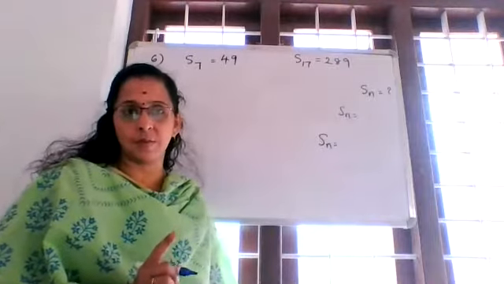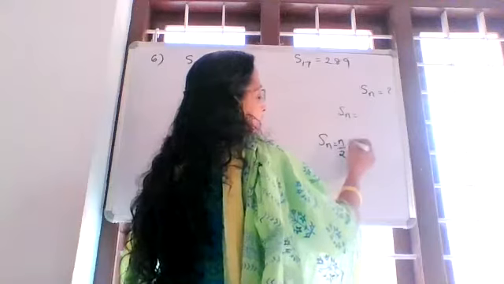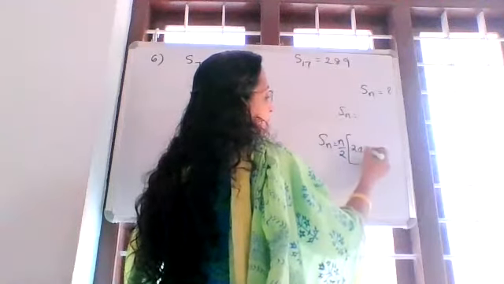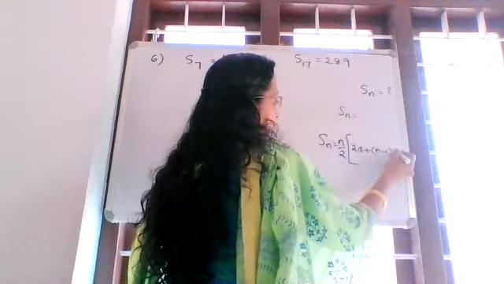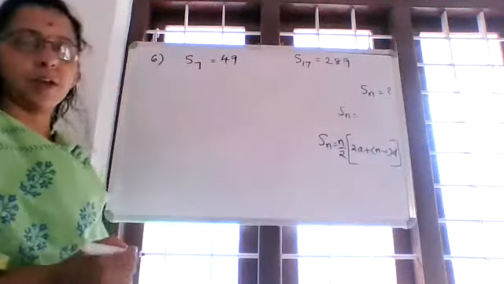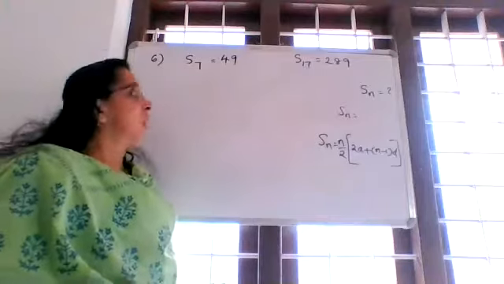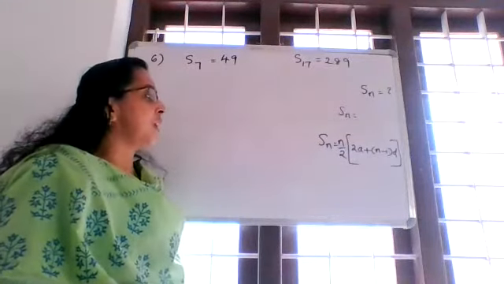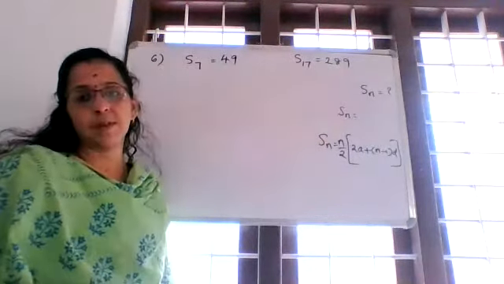We don't have the last term, so we can only apply the second formula: n by 2 into 2a plus n minus 1 into d.